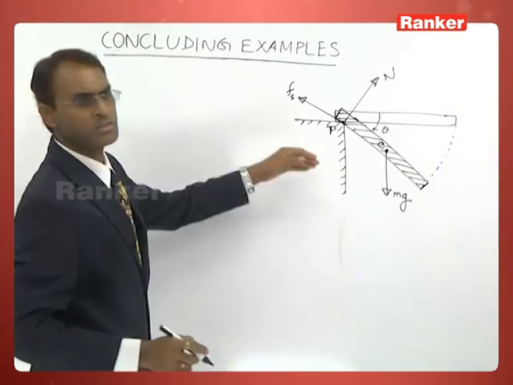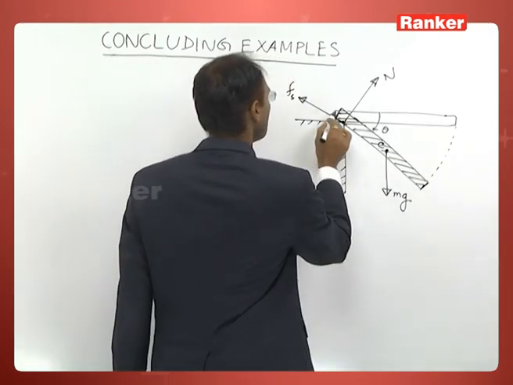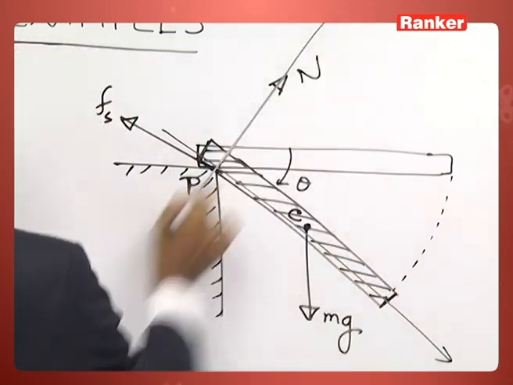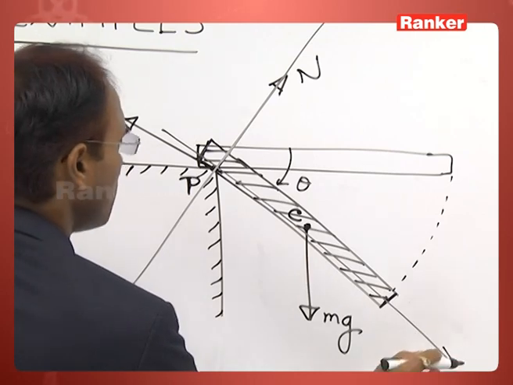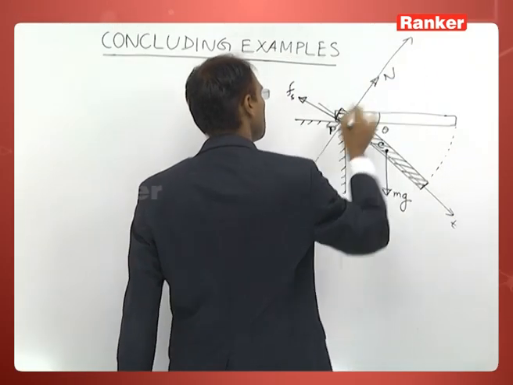However, the force equation will remain as it is. While we are writing the force equation, we will take the axis as x-axis, or you can call it tangential axis, and this is the normal axis.